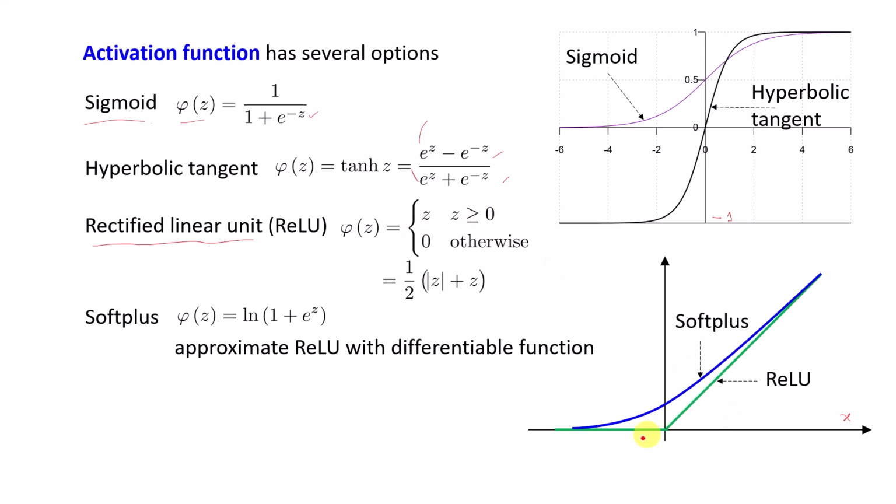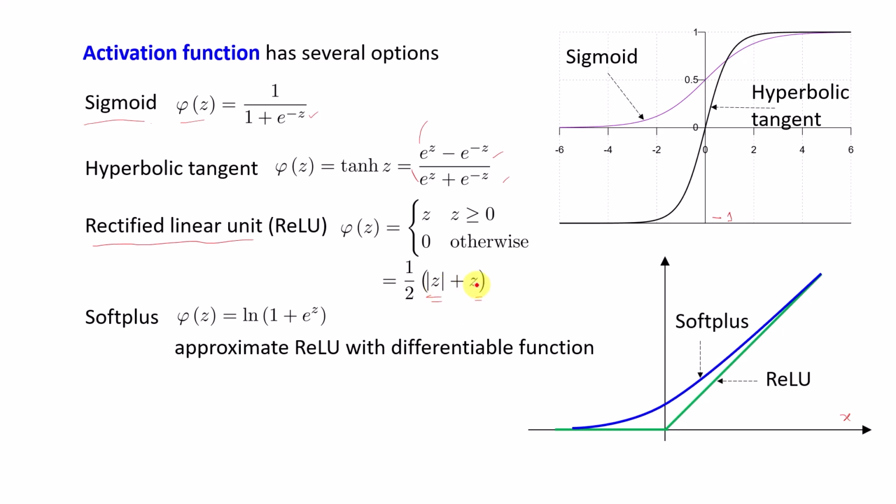In the positive direction, it's simply linear, making a 45-degree angle, not changing anything, but it is taking away the negative part and setting it to be 0. So here it is 0, and for negative x it is 0. This is the blue line, that is our ReLU. We can write it as 1 by 2 times modulus of z plus z. So when z is positive, then modulus of z is equal to z.